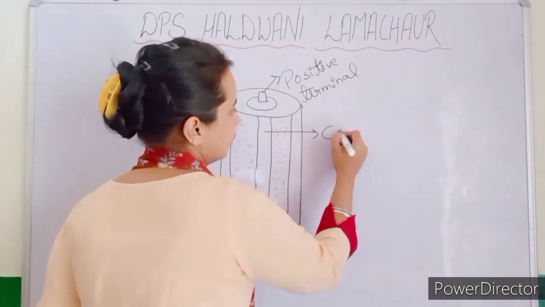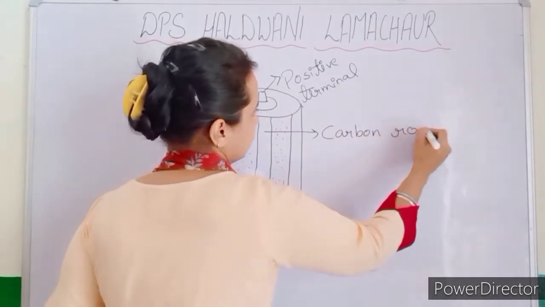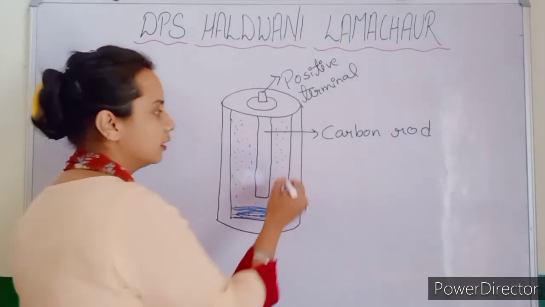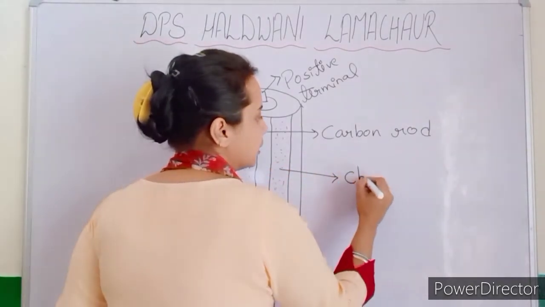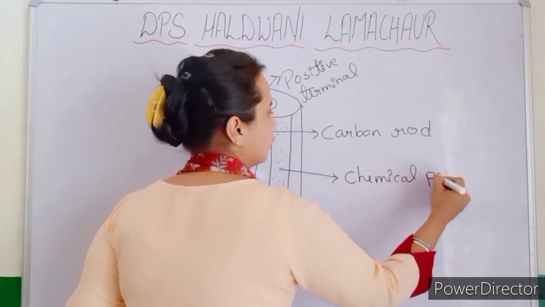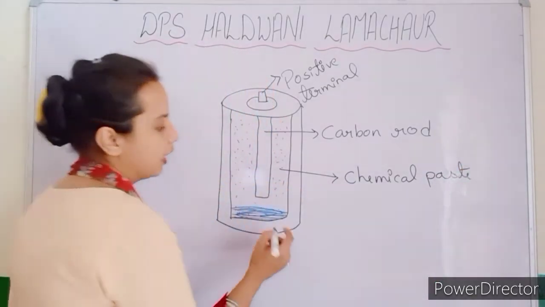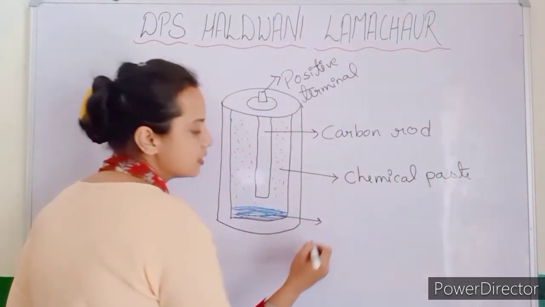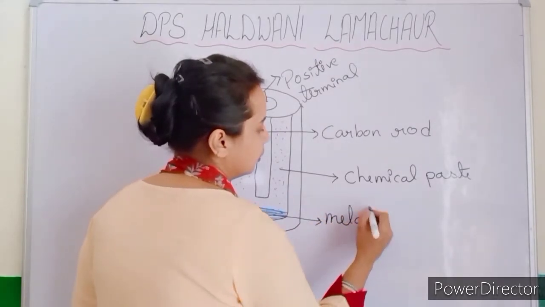This is a carbon rod, and here chemical paste is present, and at the last, this is a metal plate.